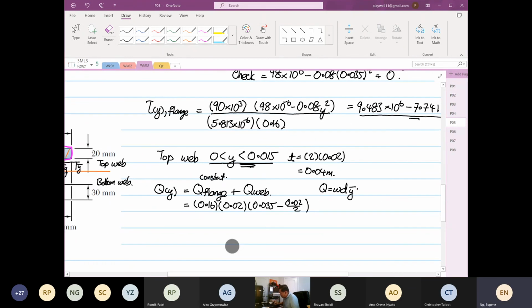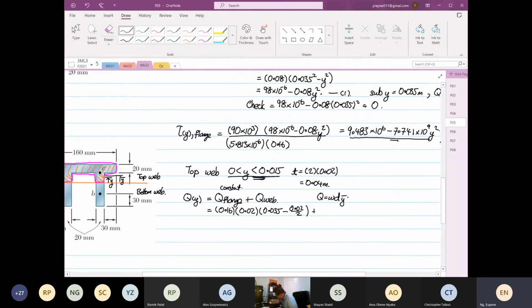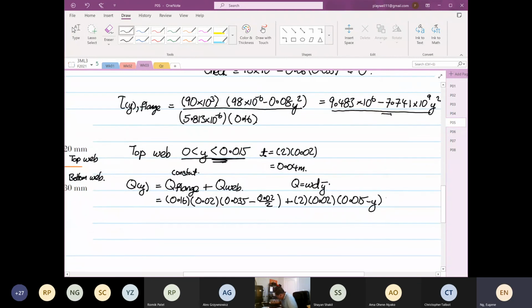Now we calculate for our web. So plus twice because of left and right. Then the width is 0.02, and then the depth is 0.015 minus y, and the y bar is 0.015 plus y multiplied by half.